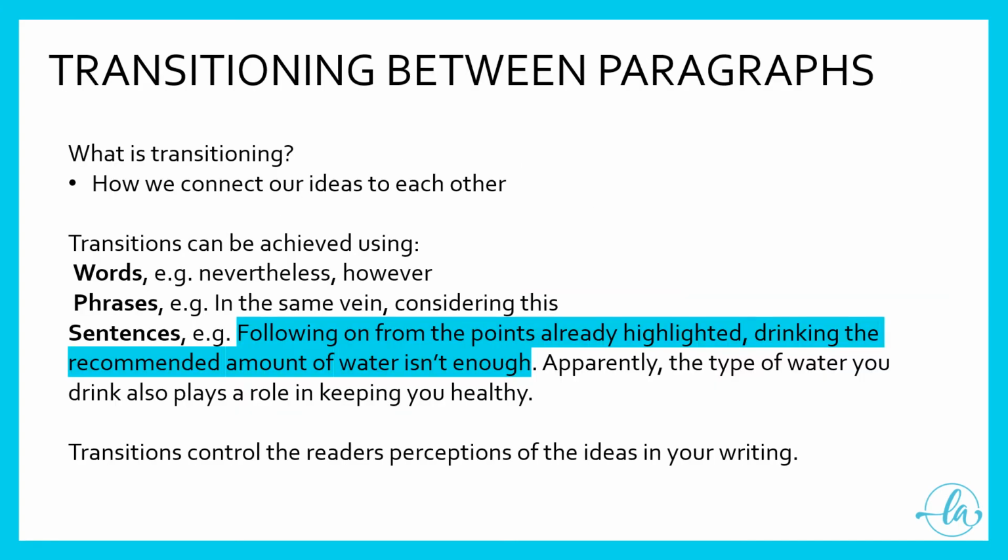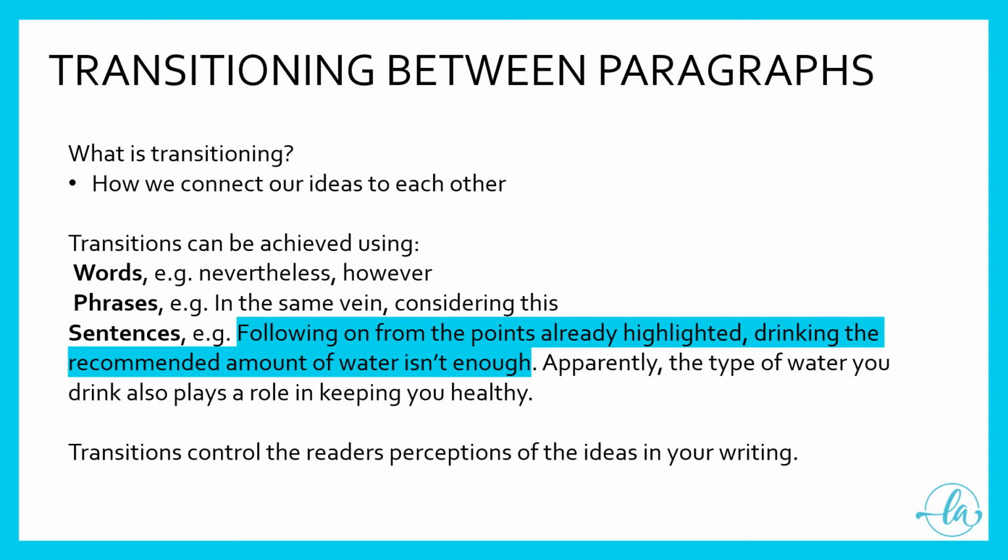So moving on to transitioning between paragraphs. You might be wondering, what is transitioning? Well, in writing, transitioning involves logically connecting our ideas to each other. If you remember that each paragraph should have a central idea, then transitioning is all about linking all these central ideas to form one smooth piece of writing.